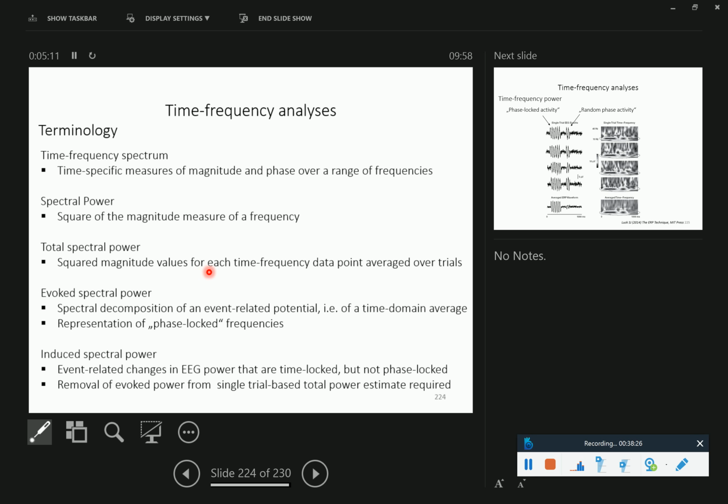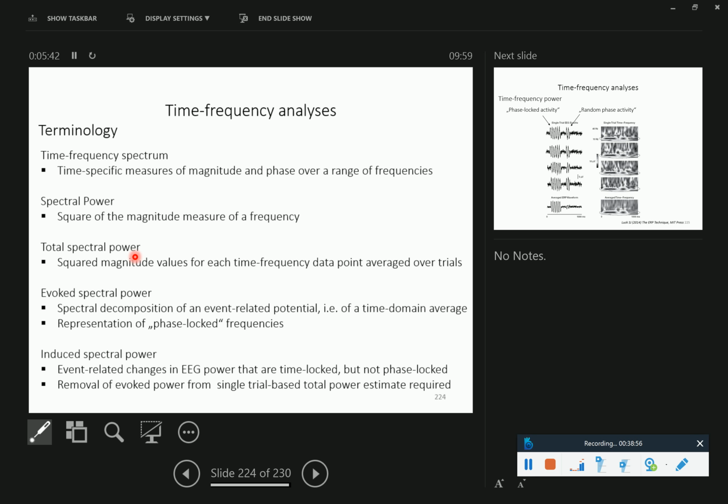So you should think in kind of a 3D matrix, or a 3D array in MATLAB, where each page in this array refers to the spectral power, time and frequency on its two axes, and then you have trials of a given condition. And you can average over them, and then you have total spectral power.